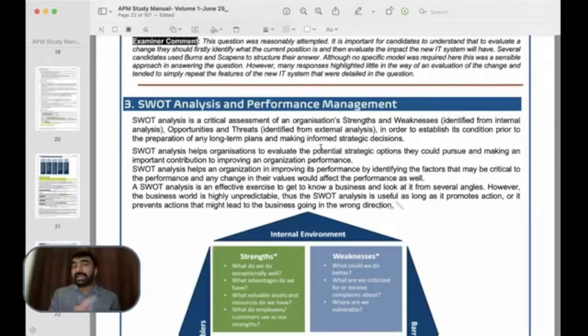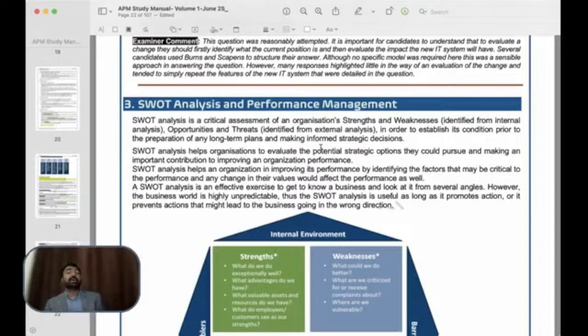Okay, at SBL level, you have studied SWOT in the context of strategic planning, strategic positioning, strategy analysis, or strategy review. Okay, at SBL level, this model is used for strategic review, strategic planning, strategy analysis, strategic positioning analysis, etc., etc.